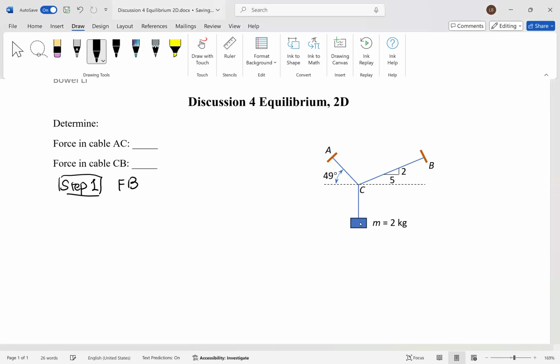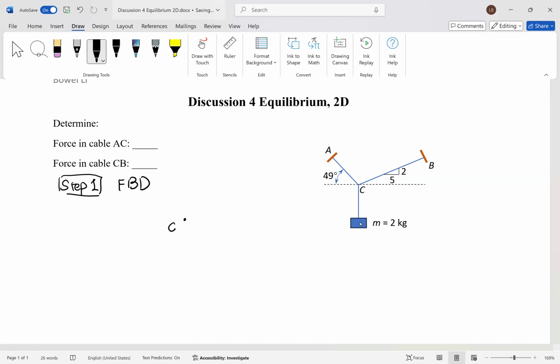free body diagram. And we are going to draw the free body diagram for point C here. Please note that C is the object that we're going to analyze. In addition to that, we need to represent all connections to C with corresponding forces.